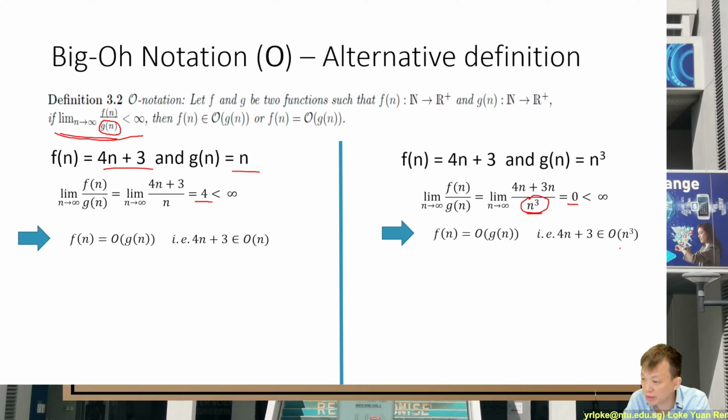One of the questions: is it possible to have a periodic function if your time complexity is counting the number of primitive operations? As your problem size increases, will it be sometimes high, sometimes low, sometimes high, sometimes low?